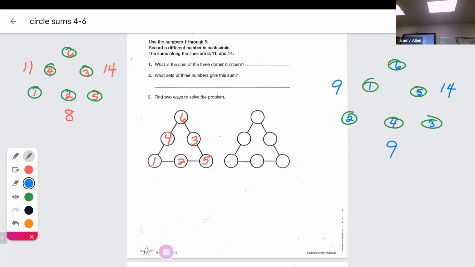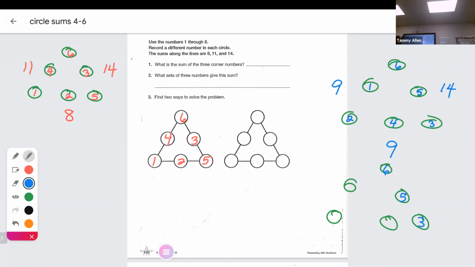So let's do another one. Let's keep our 6, 5, and 3 and see if we can change anything over here. We're off by 2 from an 11.